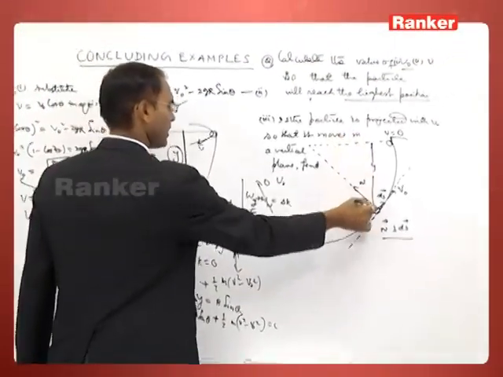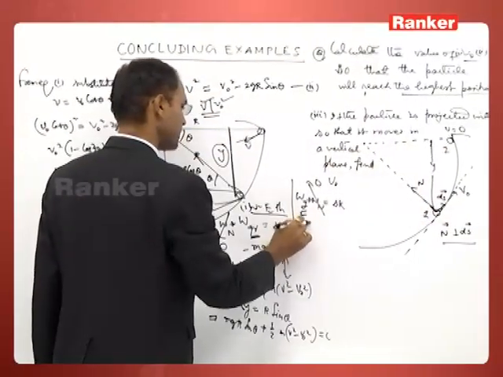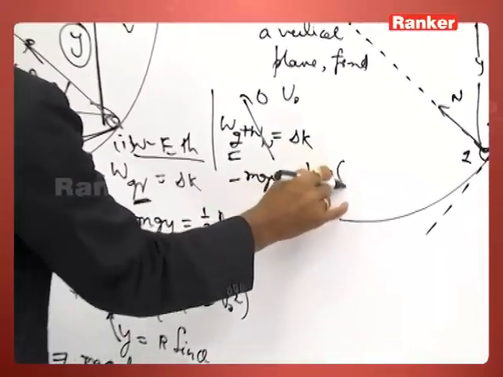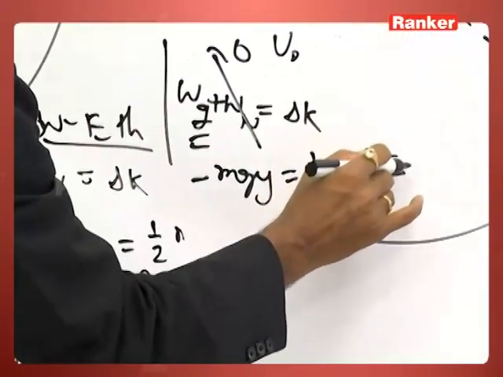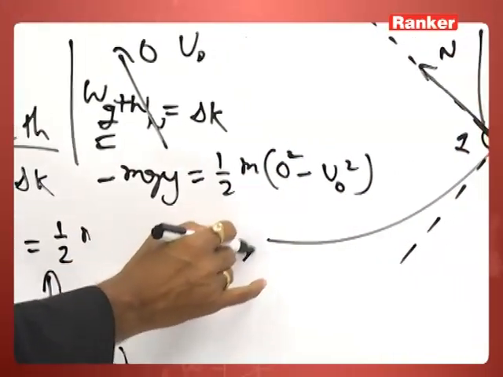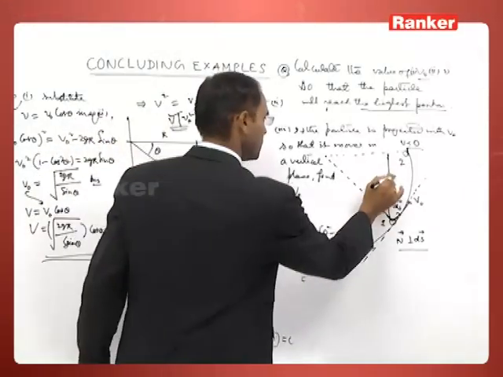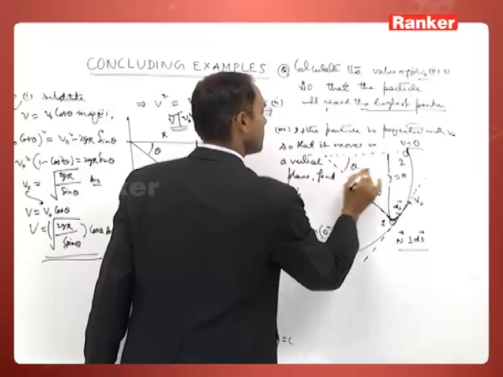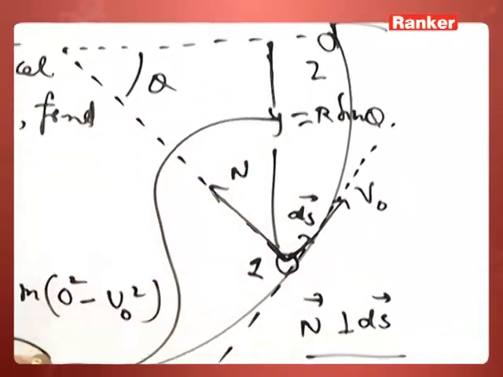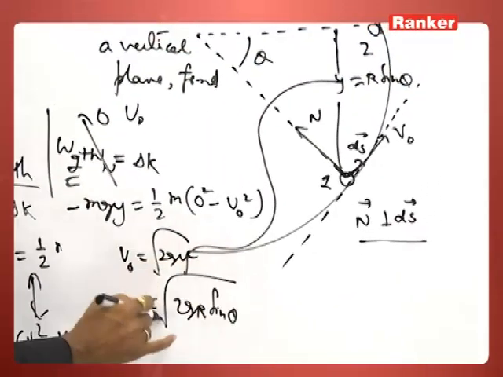When the particle moves from position 1 to position 2, gravity does negative work, minus mgy, which is equal to the change in kinetic energy. Final velocity is 0, initial velocity is v naught. So v naught is equal to the square root of 2gy, and y is equal to r sin theta. You substitute y to get the square root of 2gr sin theta.